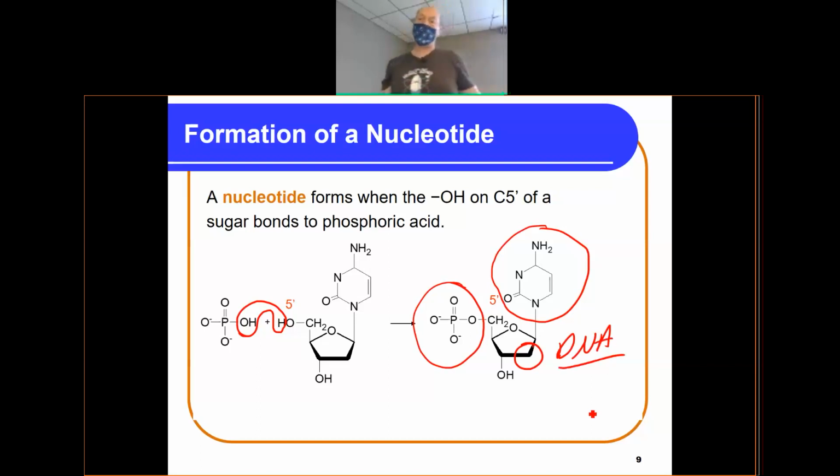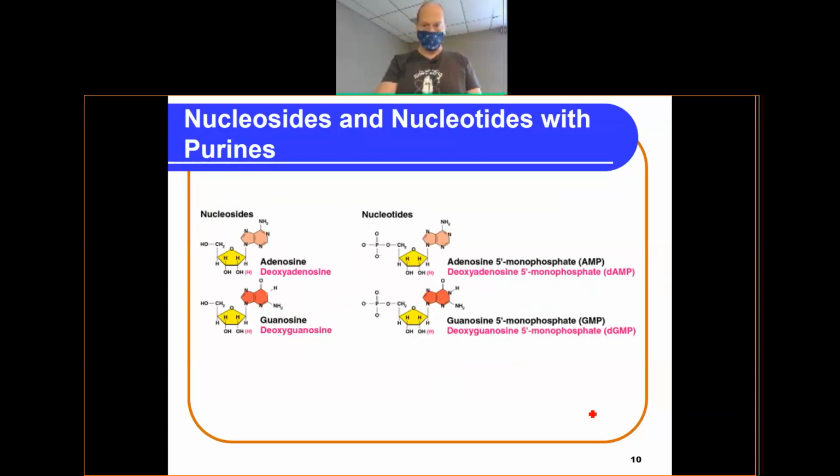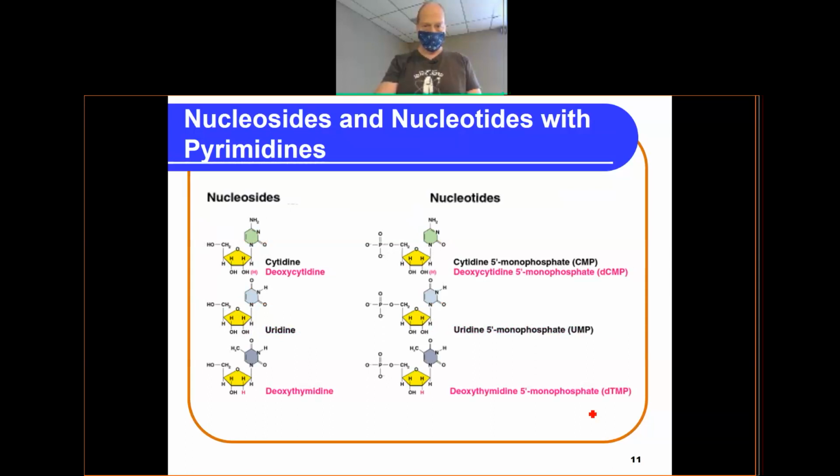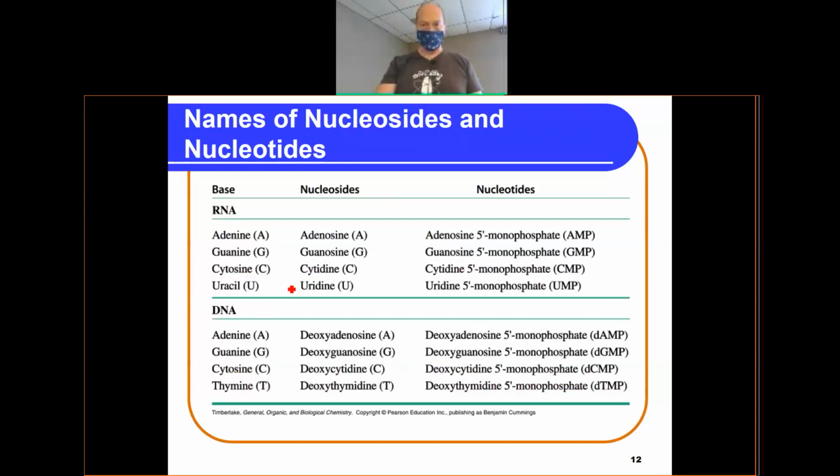There is no oxygen listed off of carbon number 2, so this is a monomer of DNA. Again, the only way you would know RNA versus DNA, you're looking right here. If it's got the OH, then it's RNA. If it has an H, then it is DNA. It's the deoxy.